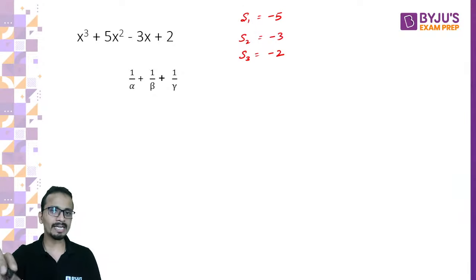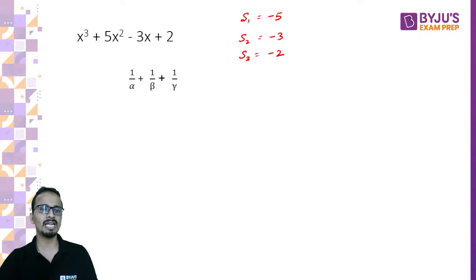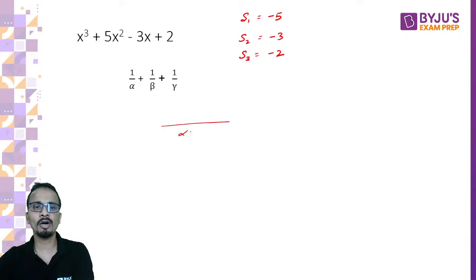Now some of you can take a lead and quickly solve this one and post your answer. Meanwhile, I'll solve this. So 1 upon alpha plus 1 upon beta plus 1 upon gamma. Let's take the LCM. So in the denominator, it will be alpha beta gamma. Taking LCM in the numerator, I'll have first of all beta gamma plus alpha gamma plus alpha beta.